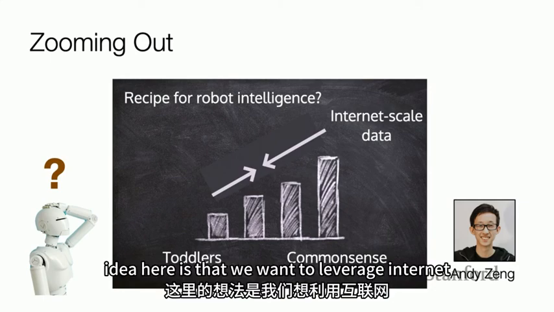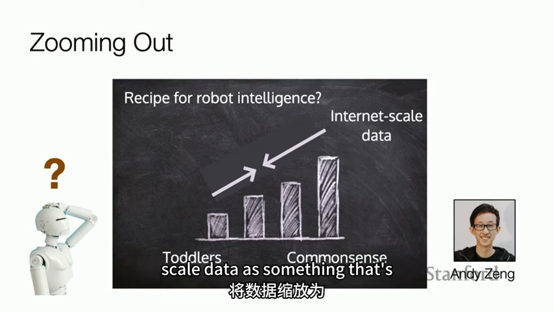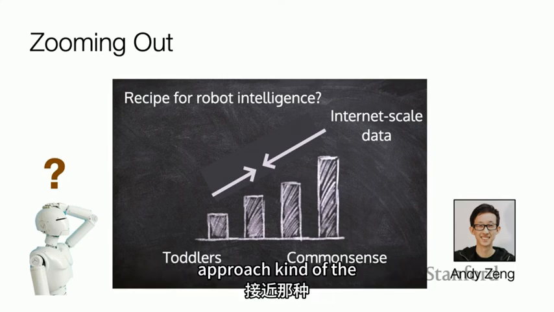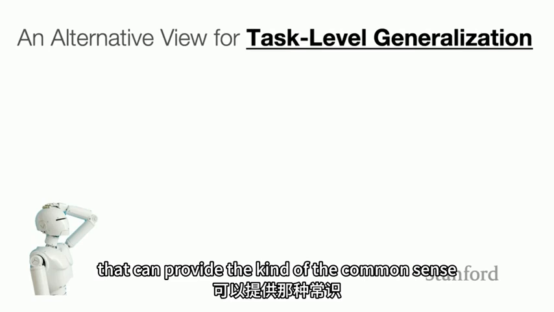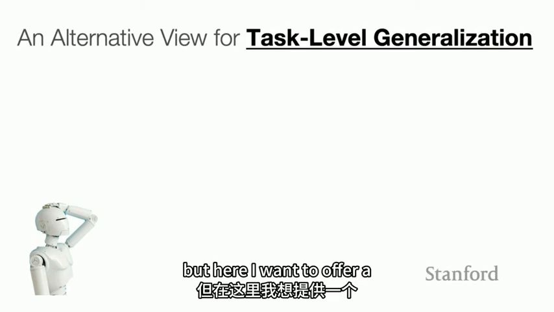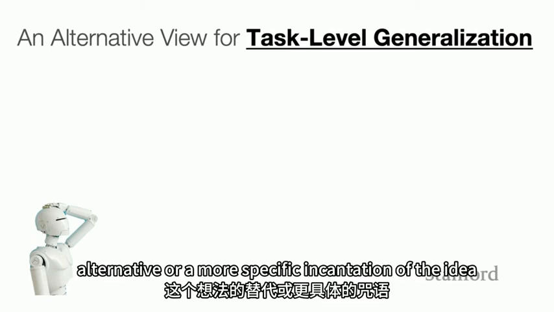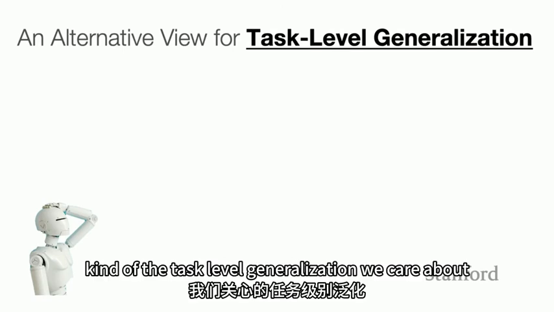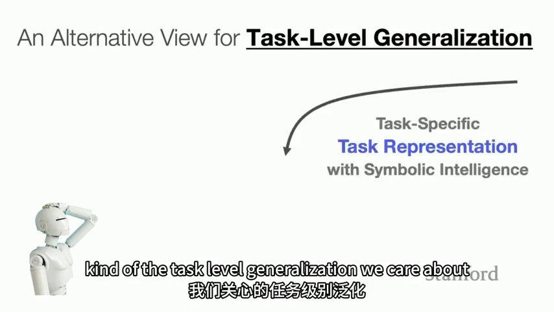The idea here is that we want to leverage internet-scale data as something that goes in the top-down direction to approach robot intelligence that can provide common sense. But here I want to offer an alternative, or a more specific instantiation of the idea, specifically tailored for the task-level generalization we care about.